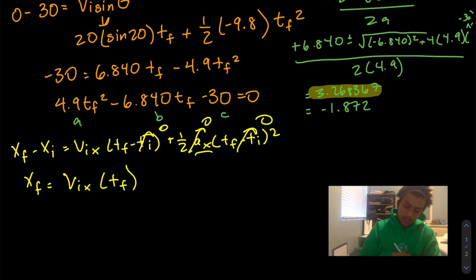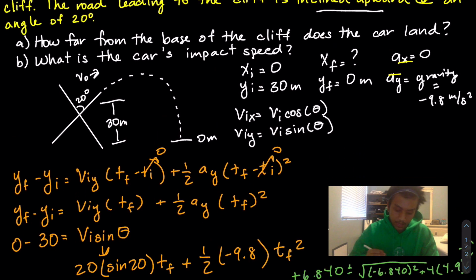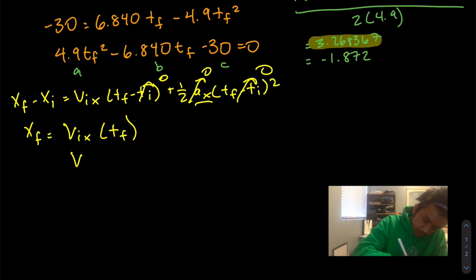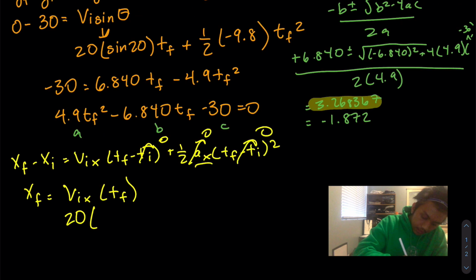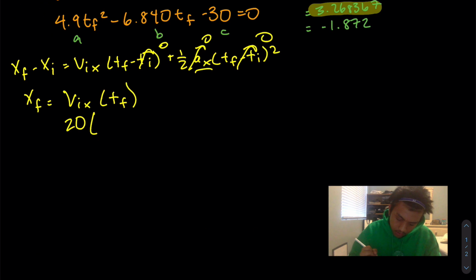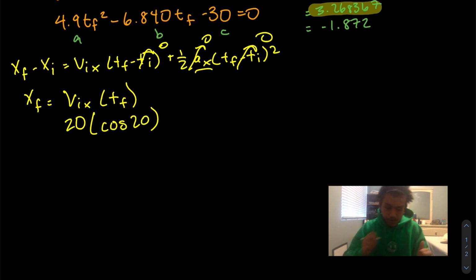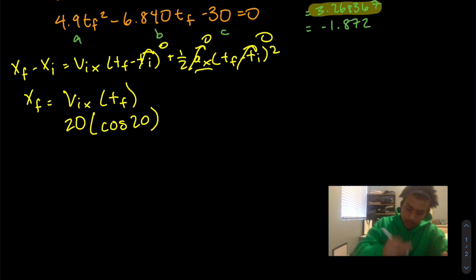Then your v initial x, the x component of the initial velocity, is going to be v initial cosine theta. It was moving at 20 meters per second, so it's cosine 20 times tf.